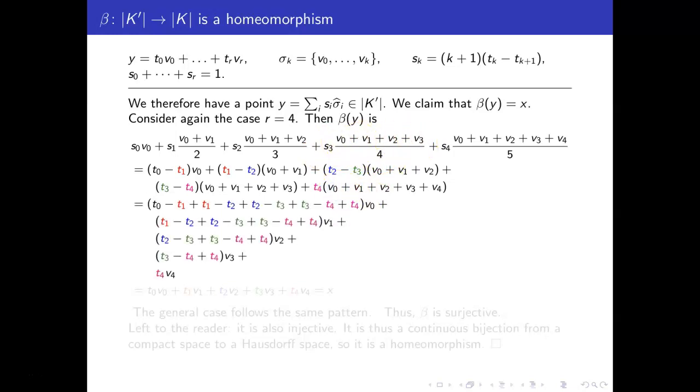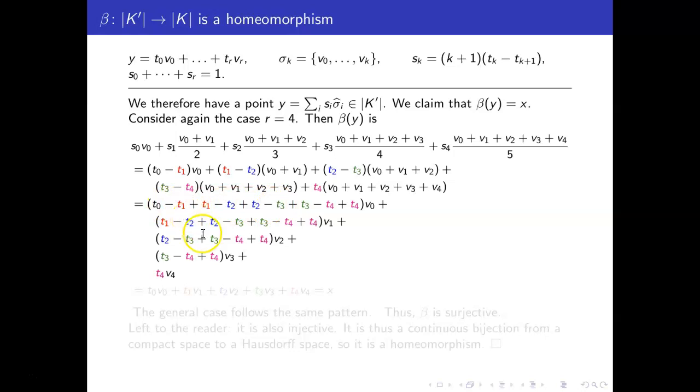Okay. So again, we're going to rearrange this. Let's just take out the coefficient of v0 here. So you get a t0 minus t1 there, and then a t1 minus t2 times v0, a t2 minus t3 times v0, t3 minus t4 times v0, t4 times v0 here. So we collect together all the coefficients of v0, and you see that they're mostly cancelling.